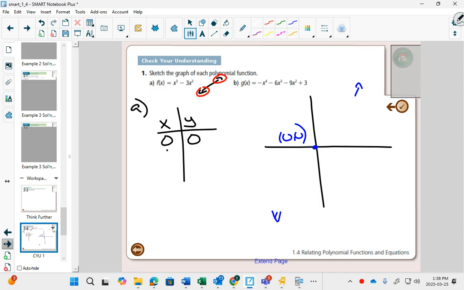Mental math-wise, I think 1 would be easy mental math. 1 cubed minus 3 would give me -2, so now I know that, okay, 1, -2. If I plug in 2, I would get 8 minus 12, -4.